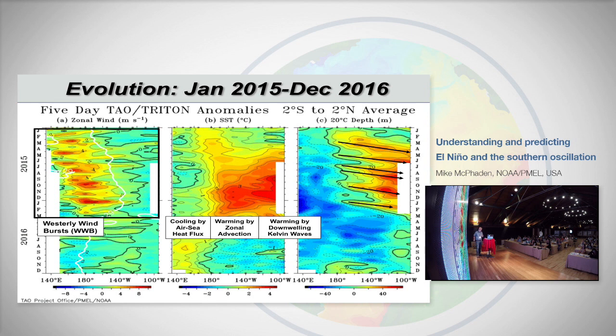And you can see several of these in response to those wind bursts. And so the net effect of this repeated high-frequency forcing is to produce a low-frequency signal in surface warming and thermocline depression. So there's a nonlinearity in the system that is intimately linked to this high-frequency forcing.